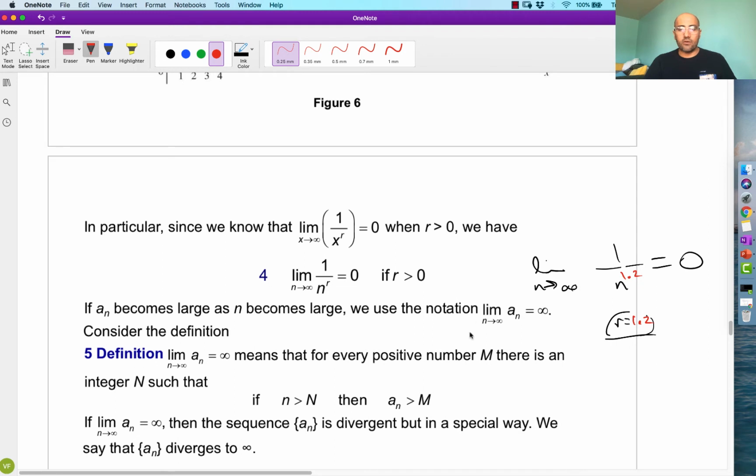So this is the notation style we choose. Right? By definition, this means that for every positive number M, anytime you choose a value M, there is an integer value, capital N, such that if lowercase n is greater than N, then a sub n is greater than M.